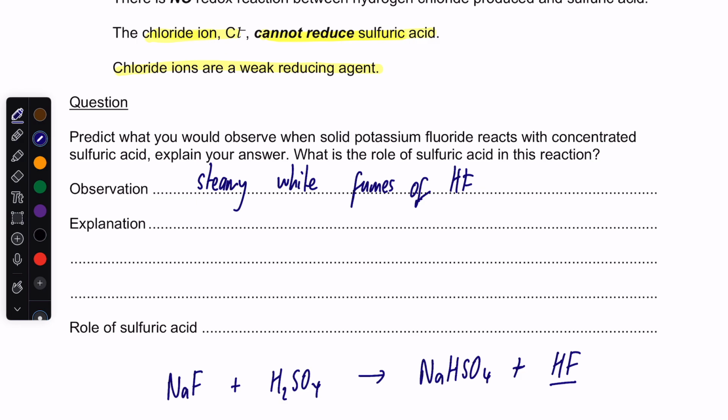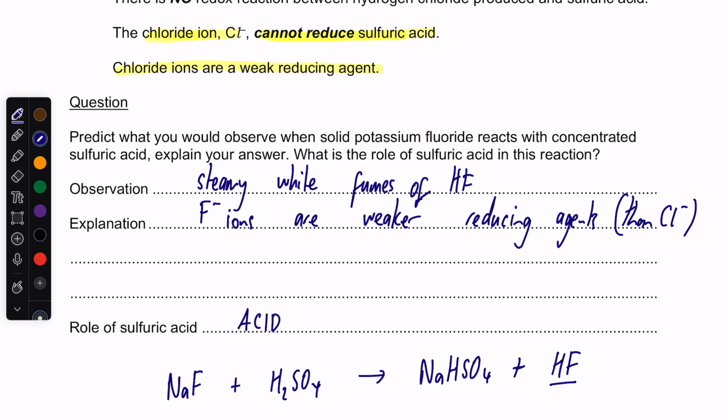The sulfuric acid would be acting as an acid, a proton donor, and an explanation for this is that the fluoride ions are weak, or we could say weaker than the chloride, weaker reducing agents, so cannot reduce the sulfuric acid.